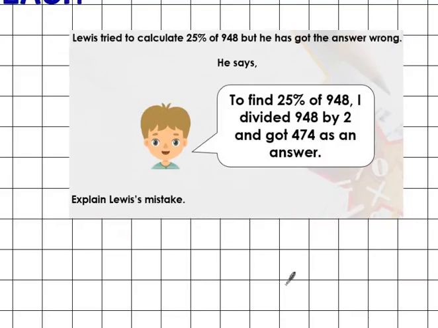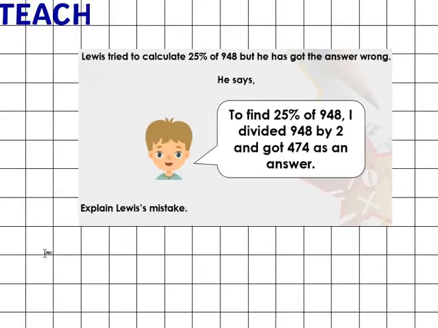Our next one. Lewis tried to calculate 25% of 948, but he has got the answer wrong. He says, to find 25% of 948, I divided 948 by 2 and got 474 as an answer. Explain his mistake.